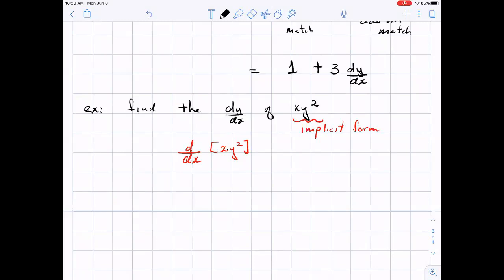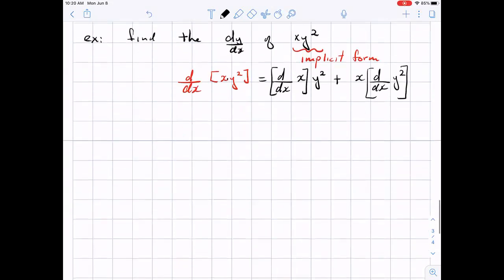So what is d dx of x, and we keep the second function. So we're really doing this here. And then plus, we leave the x, and then d dx of y squared.